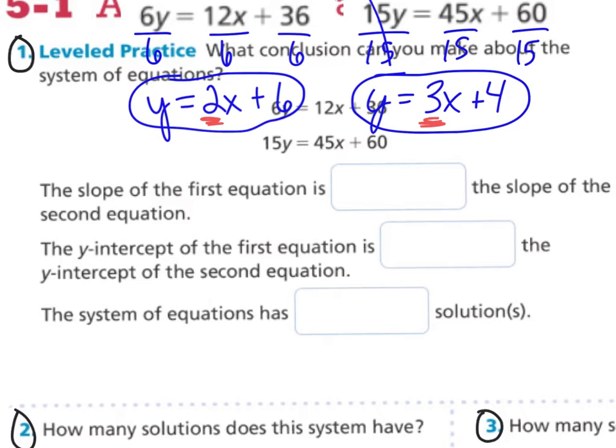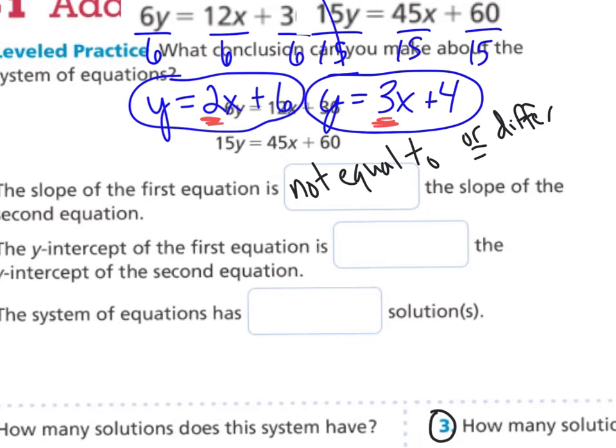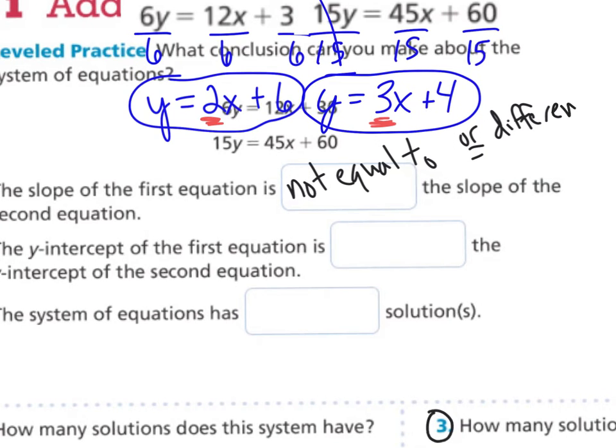So the book has it as the slope of the first equation is not equal to the slope of the second equation. Otherwise you could put different than. Okay, either not equal to or different than.